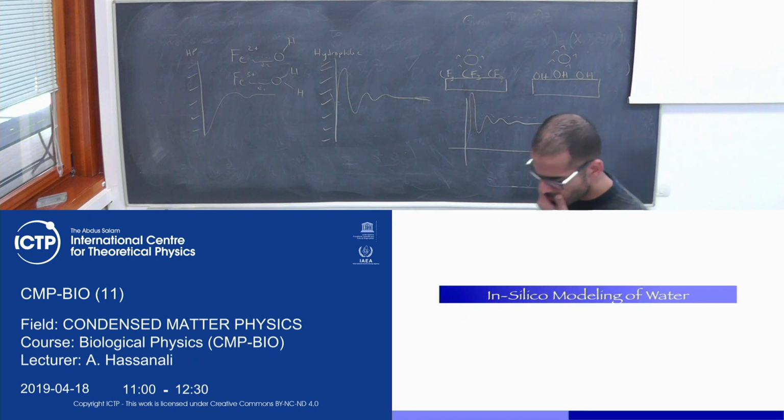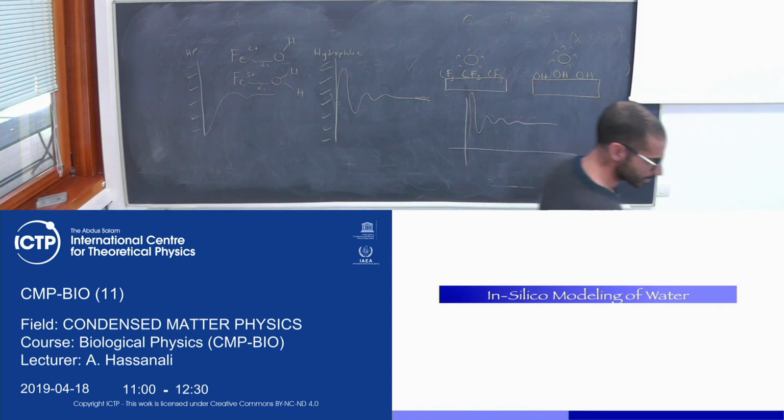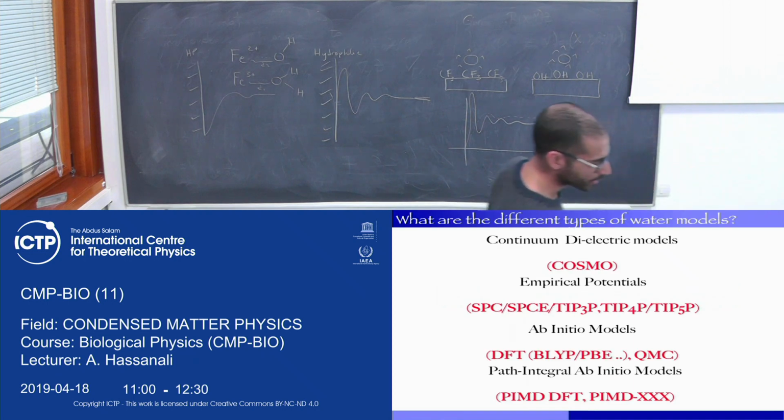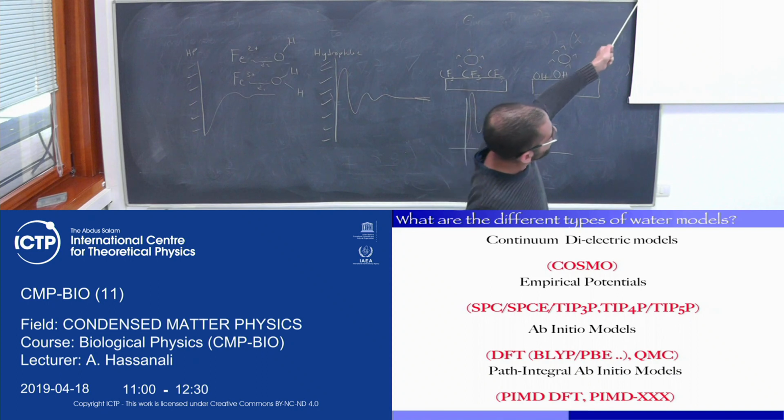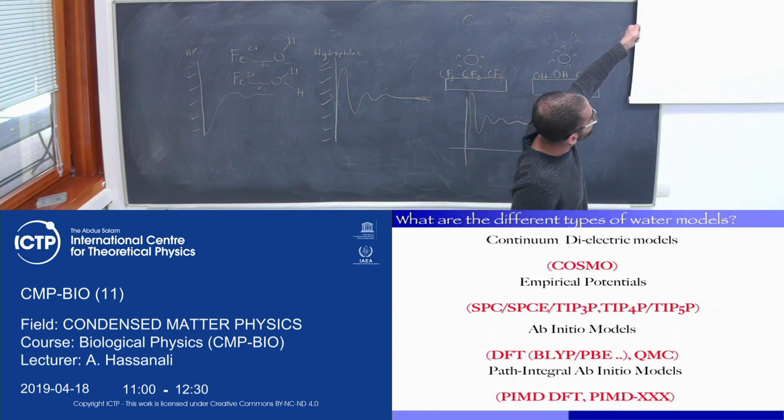Okay, so this is more related to numerics now. There are lots of different ways to simulate biological systems in the liquid phase or in contact with water. And there's a hierarchy of different types of water models. We've alluded to some of these.